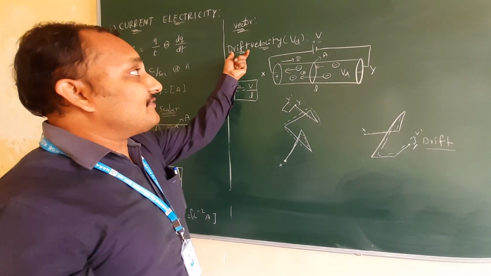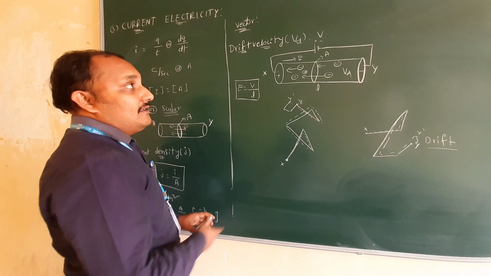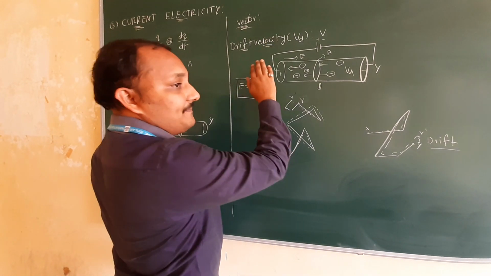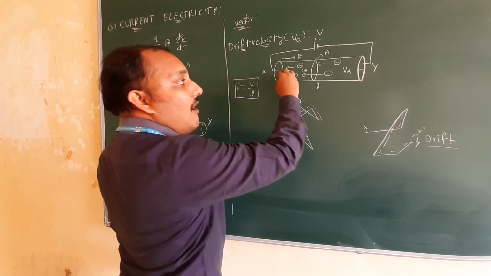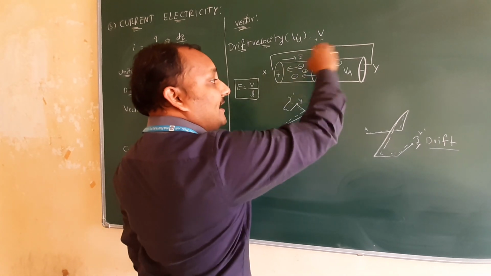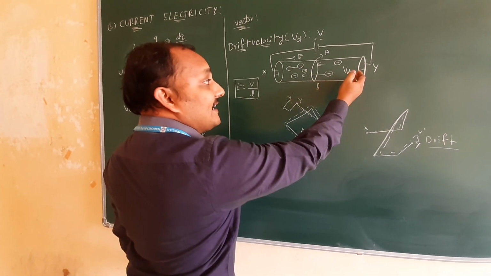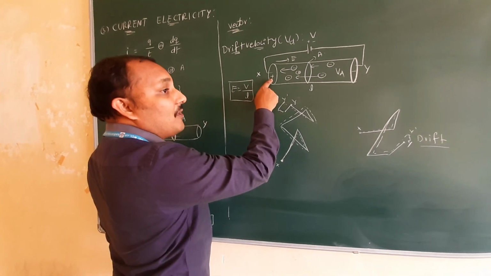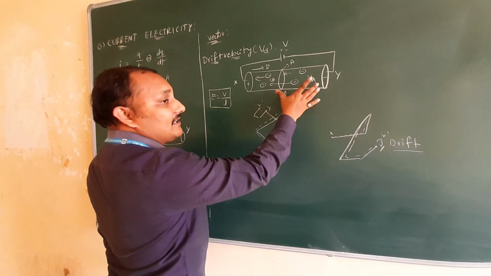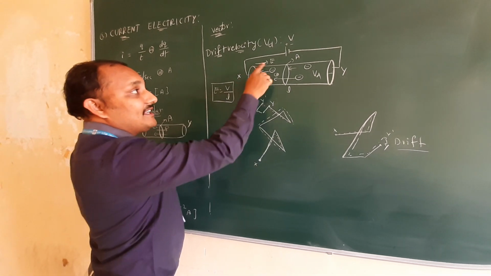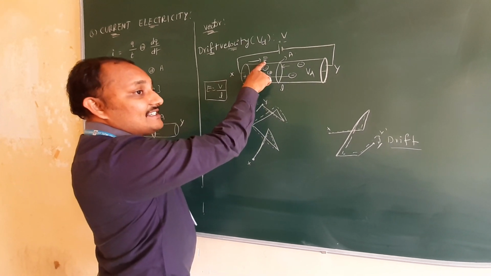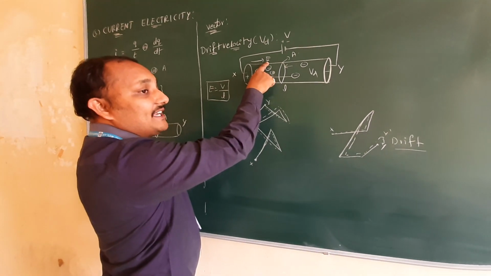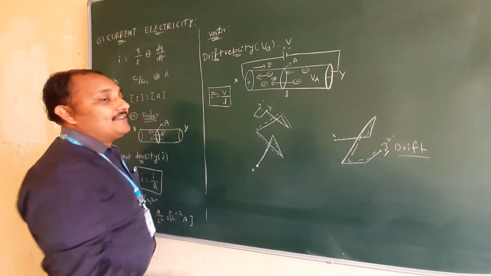Now how we will define drift velocity: the velocity with which all electrons get drifted towards the positive terminal of the conductor in the presence of an external electric field is called drift velocity.